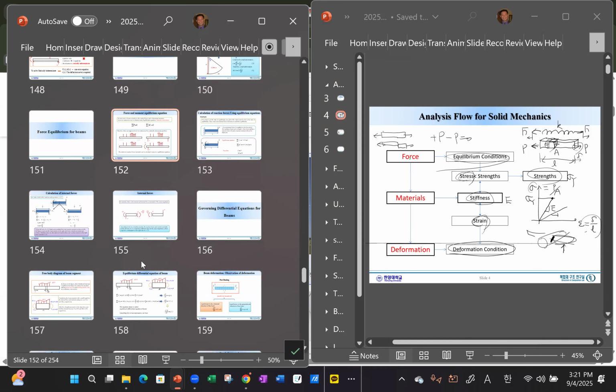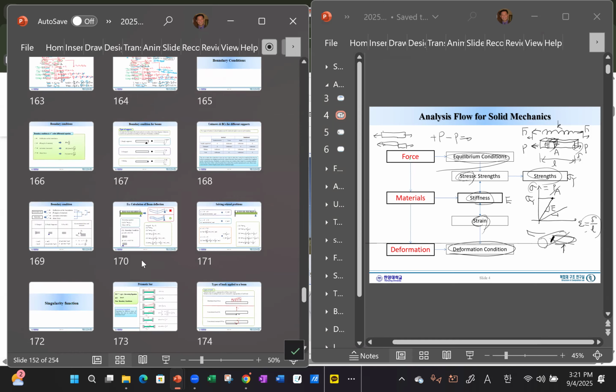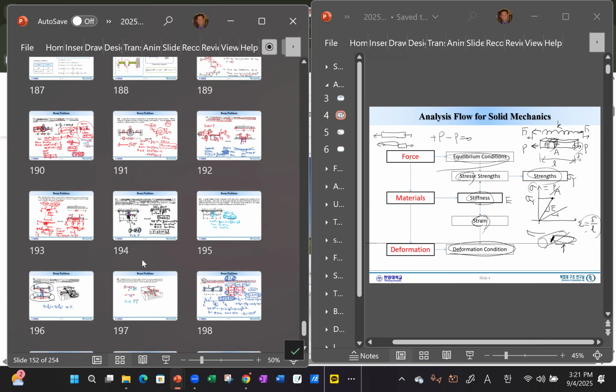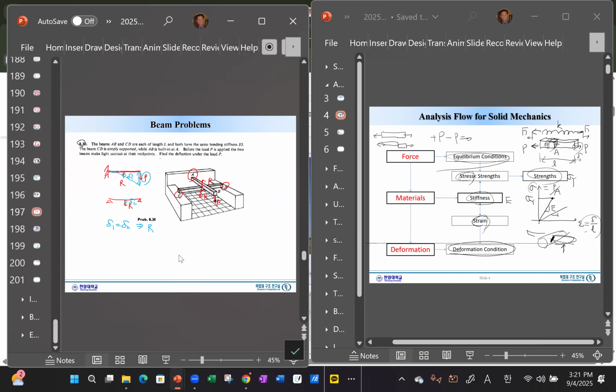So this is a beam, and with this one, now we are able to analyze this kind of a behavior. Say 2 beams cross, and then we apply a load, and upper beam will deform and lower beam will deform.